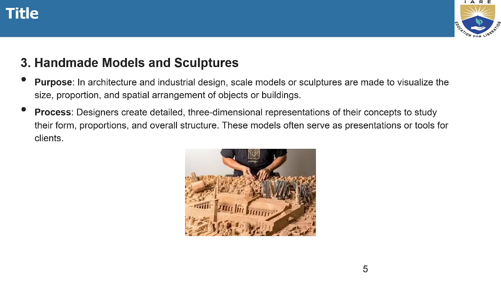Now next is handmade models and sculptures. Purpose. In architecture and industrial design, scale models and sculptures are made to visualize the size, proportion, and sequential arrangement of objects or buildings.